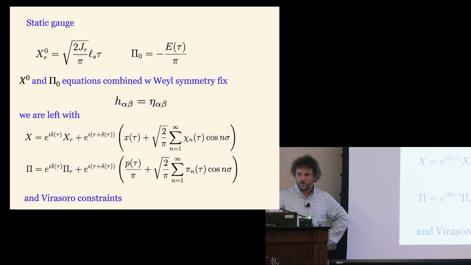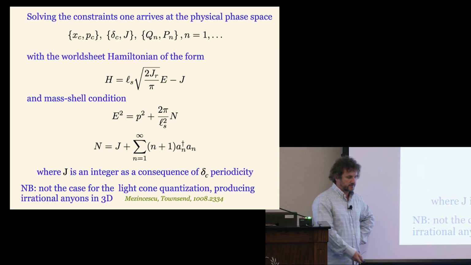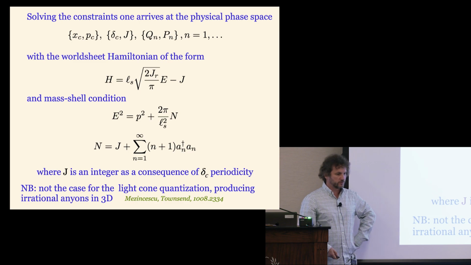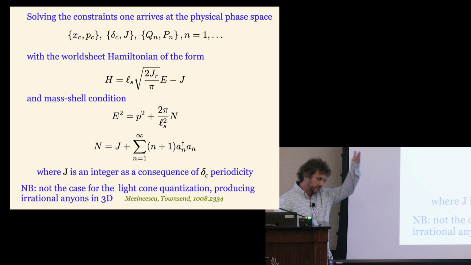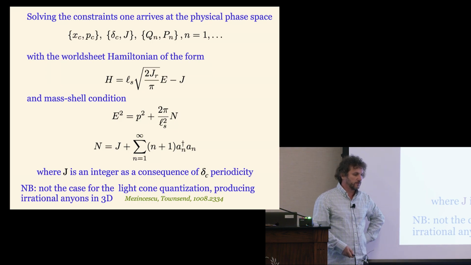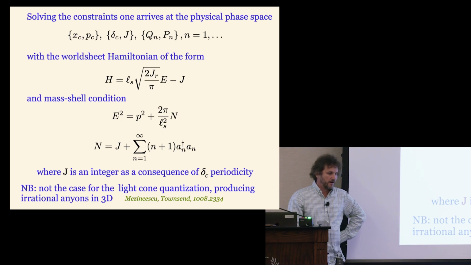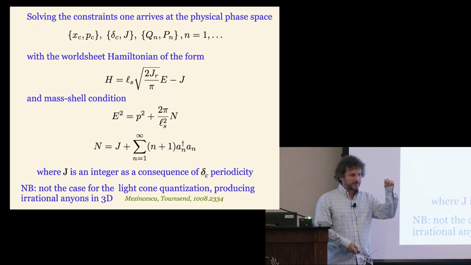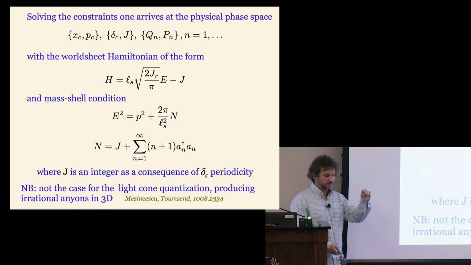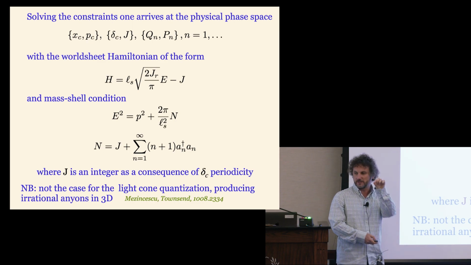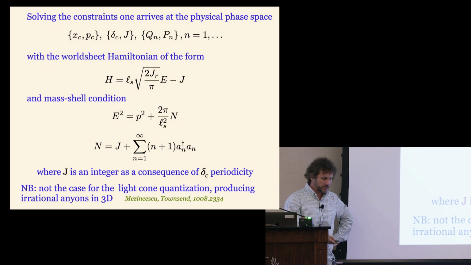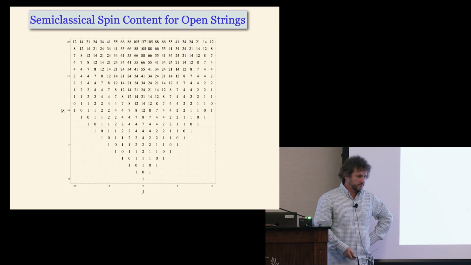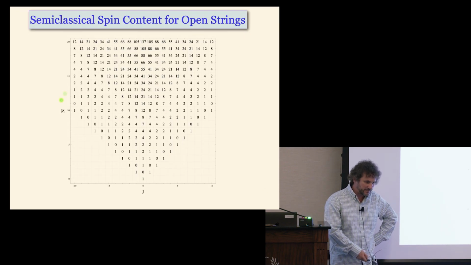And at the end, one gets a spectrum which looks like, for each J, an infinite tower of oscillators, where the first one is skipped, because that one corresponds to a change of the state along the first Regge trajectory.